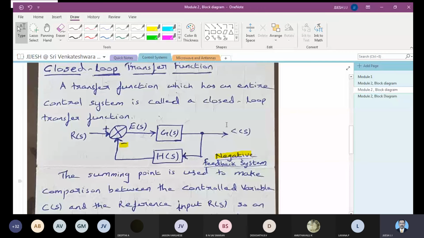We will see all these things. We are going to see the transfer function for this. You have to see that C of S is the output and R of S is the input.